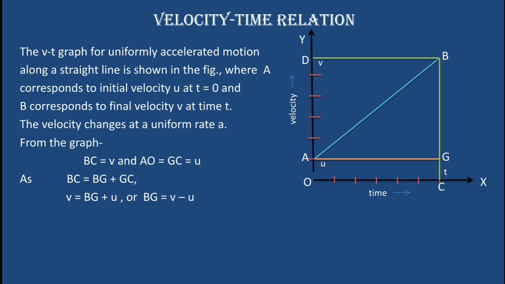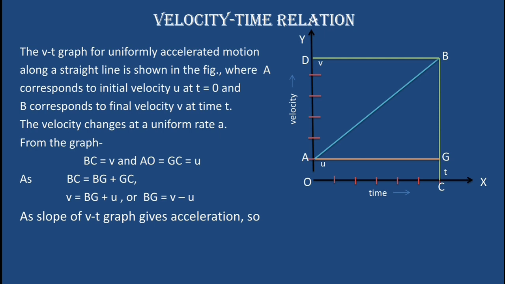Now students, you know that acceleration is the change in velocity upon change in time. But from this velocity time graph, we can calculate the acceleration by slope. And for slope, we need a triangle. So let us choose the triangle ABG. In the triangle ABG, BG is the perpendicular and AG is the base.